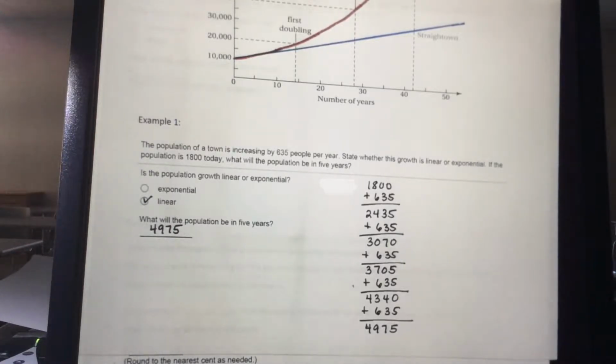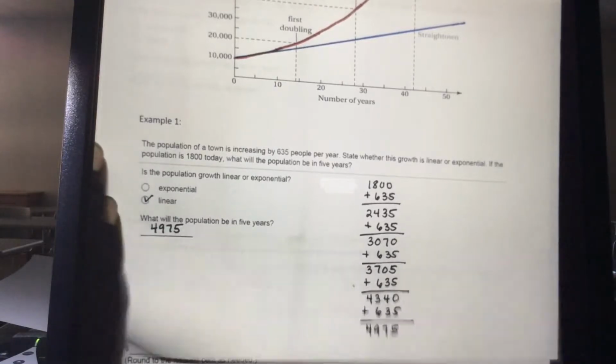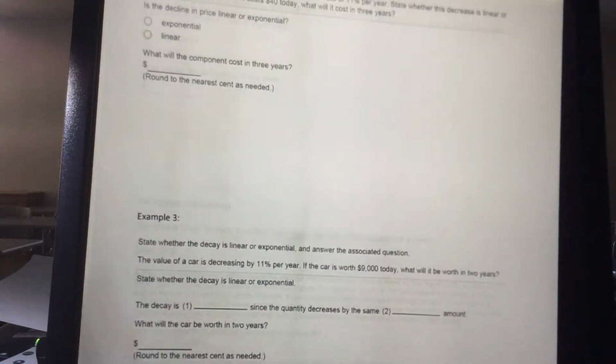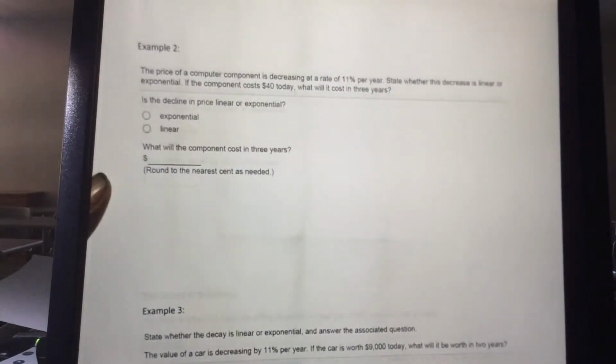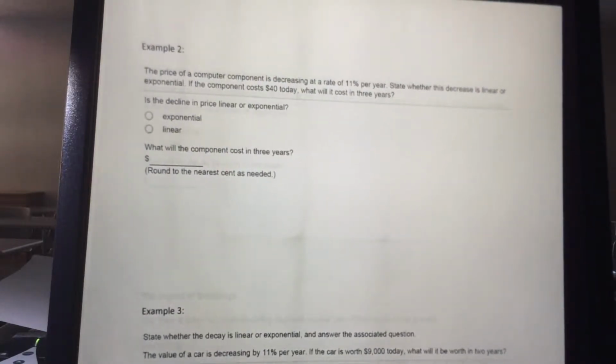Okay, now let's look at this next example, example number 2. The price of a computer component is decreasing at a rate of 11% per year. State whether this decrease is linear or exponential.